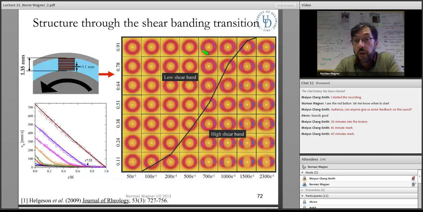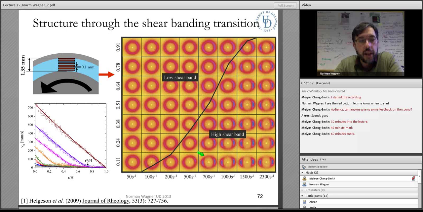So I showed you this data before, so I won't spend much time on it, but now we can understand that the neutron scattering is telling me, for example, the degree of alignment relative to the flow, the orientation of the micelles, and the degree to which they're oriented. And that's changing as I go near the outer wall, right? Out here, I see a more isotropic pattern. Near the inner wall, I see a highly anisotropic pattern. And again, that corresponds to these velocity fields here.